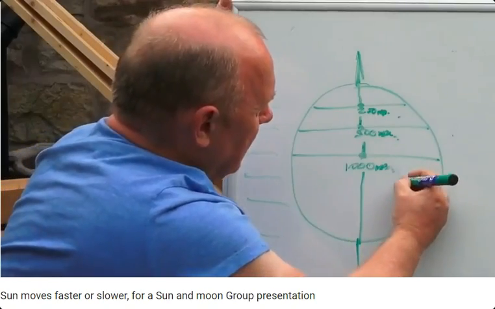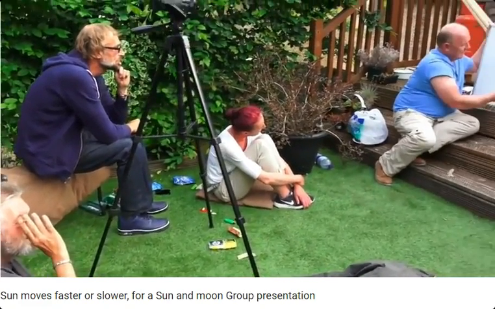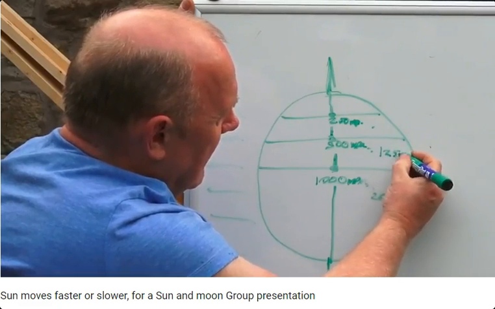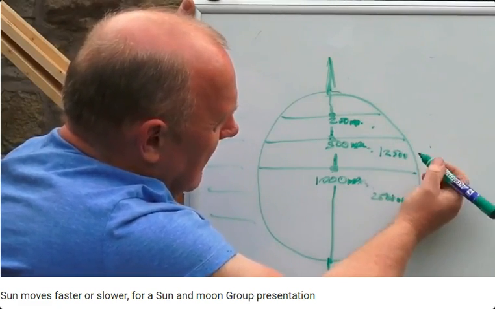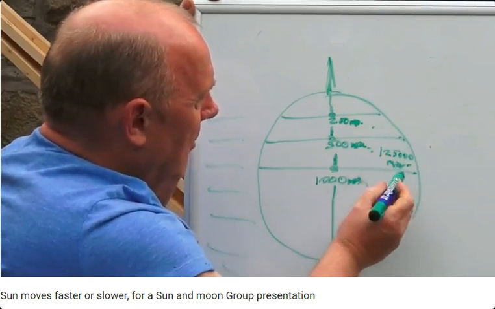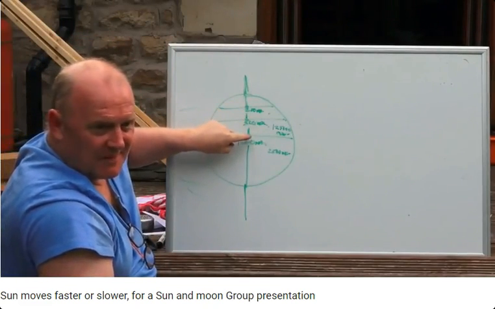Right, that's 25,000 miles, 125,000 miles an hour. So what's the difference between these 3 points?